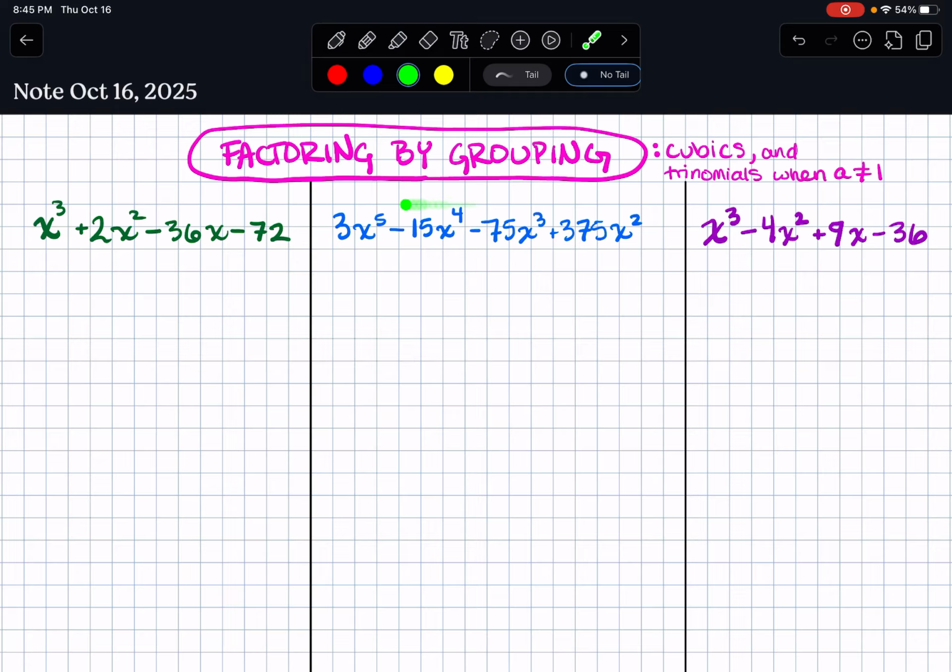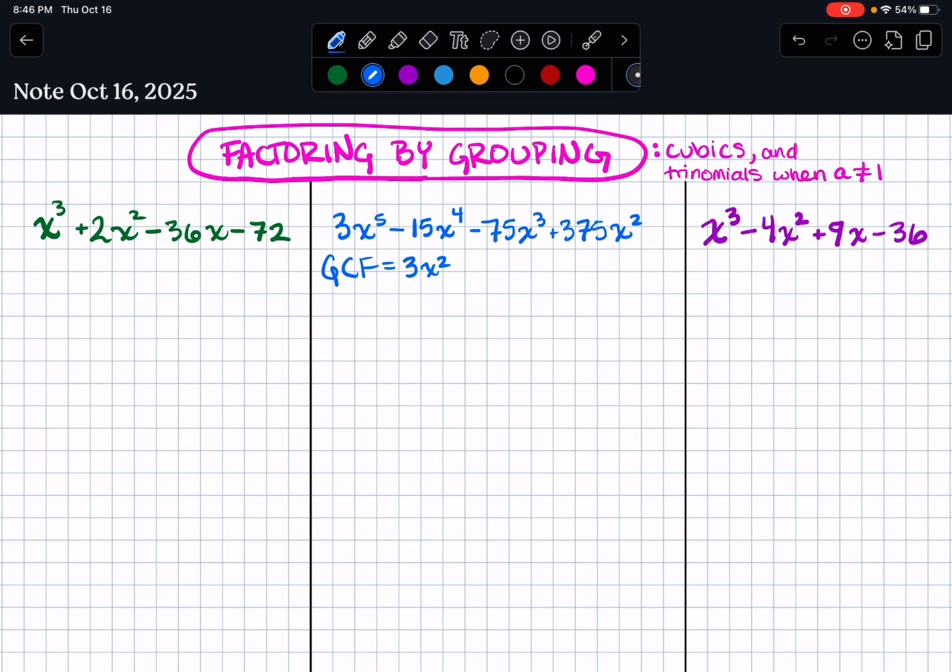Looking at my blue, I see that every single term has at least an x squared in it. And I also see that my coefficients are all multiples of 3. So I am going to say I've got a GCF of 3x squared.